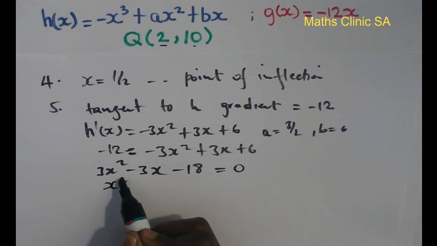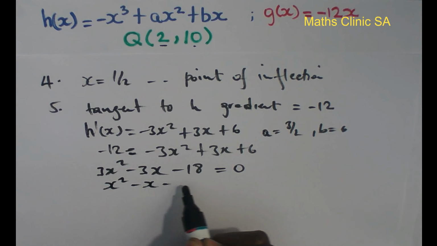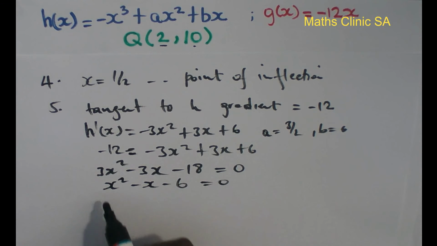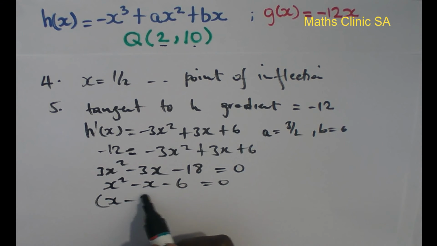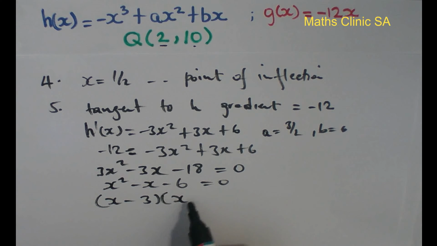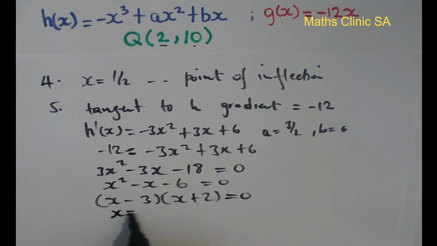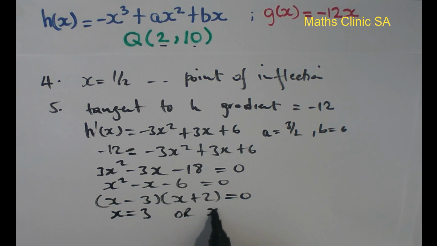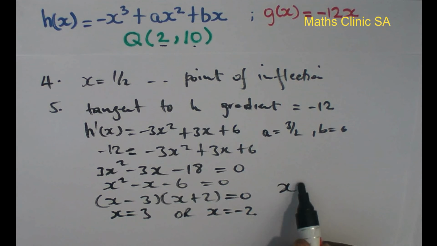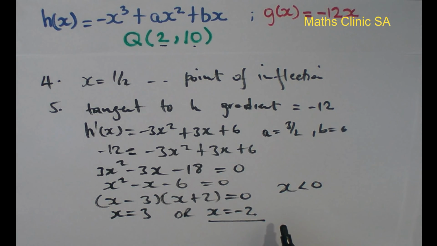So it's x squared minus x minus 6 equals 0. Factorize: negative 3 and 2, so x minus 3 times x plus 2. So x is 3 or x is negative 2, but x is less than 0, therefore x equals negative 2.